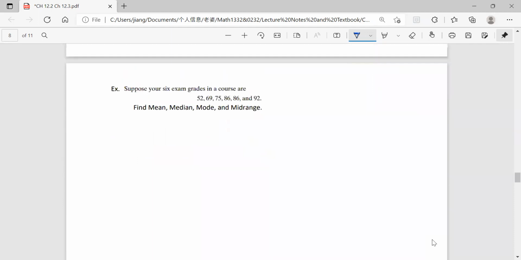Let's see this example. I think that's the last one for chapter 12.2. Suppose your 6 exam grades in a course are 52, 69, 75, 80, 86, 86, and 92. Find the mean. Do you still remember the mean? The X bar equals sigma X over n, and the number of data is 6 because you have 6 exam grades.